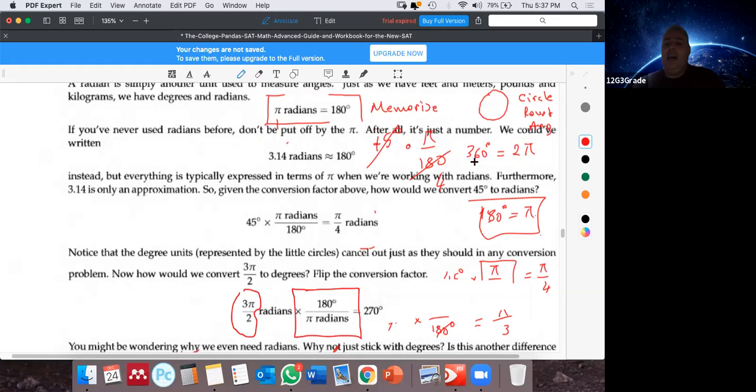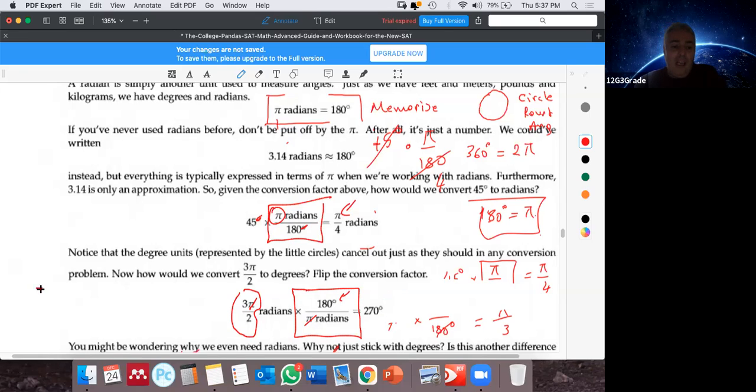Actually, it's the opposite of the previous one. From degree to pi, the denominator is degree. From pi to degree, the denominator is pi, since you have to cancel out pi, so what is left is in terms of degrees.